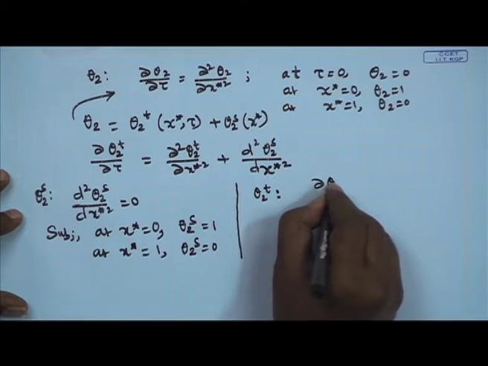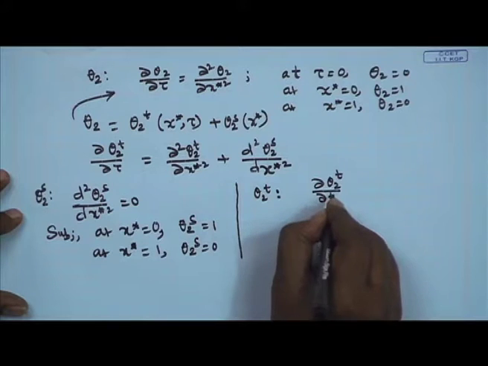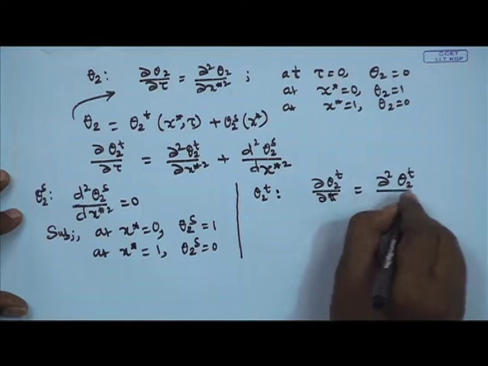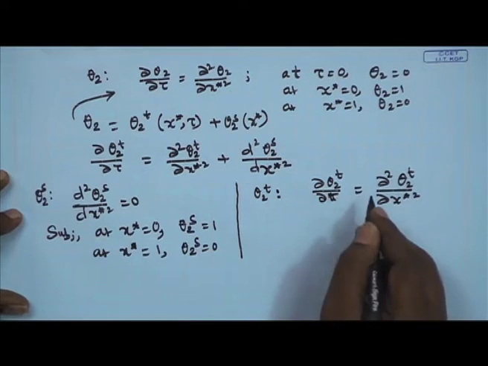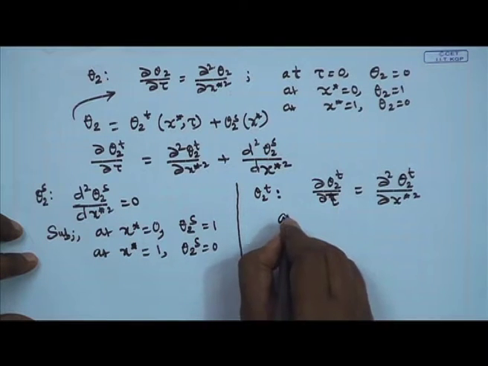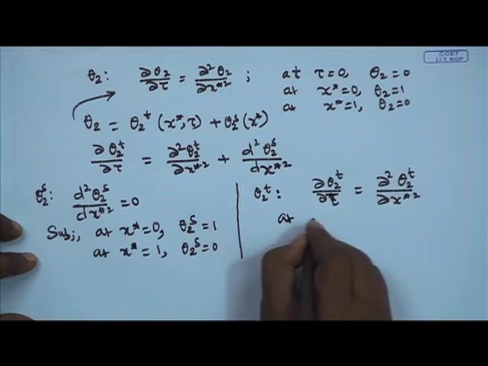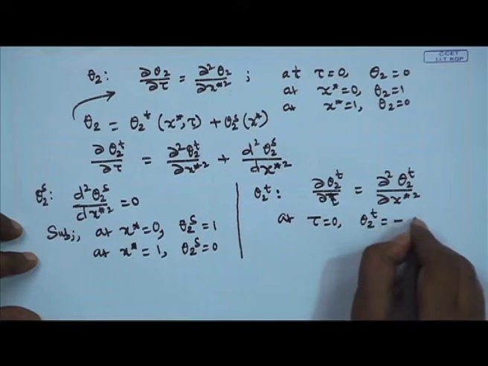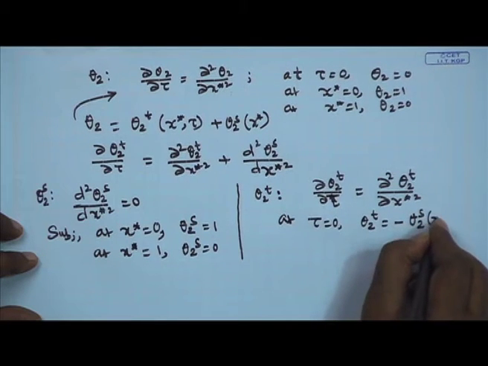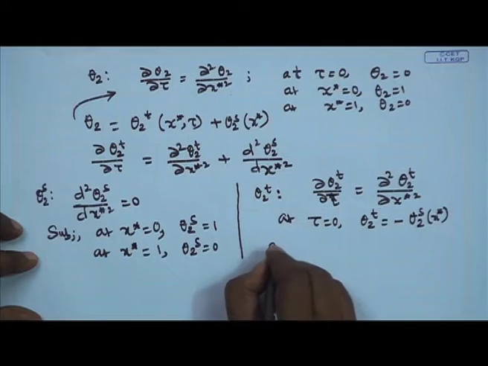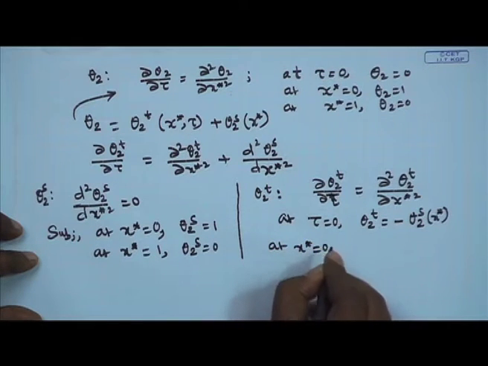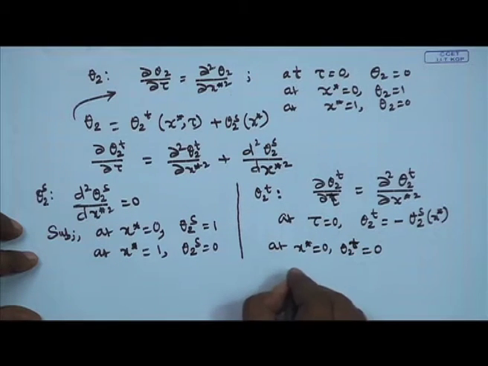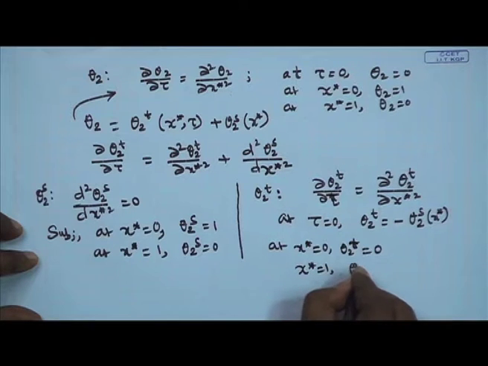It will be del theta 2 t del tau equal to del square theta 2 t del x star square, and as we have seen earlier, the initial condition at tau is equal to 0, my theta 2 t will be nothing but the minus of the solution of the steady state part, and at x star equal to 0, my theta 2 t is equal to 0, because I have selected that, and at x star is equal to 1, theta 2 t is equal to 0.